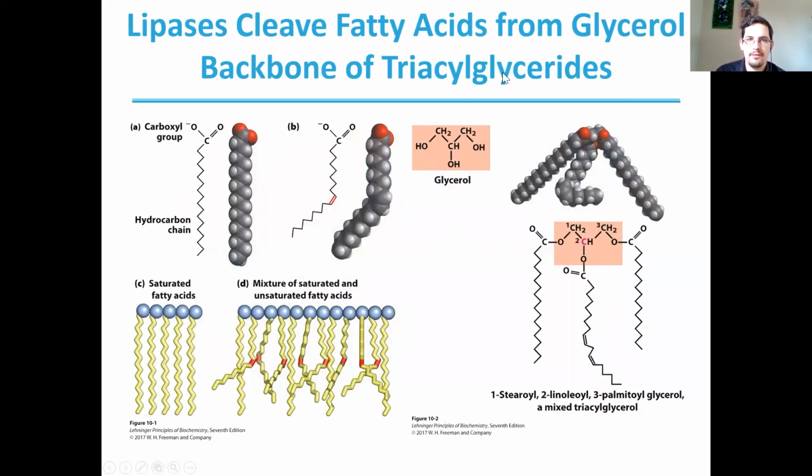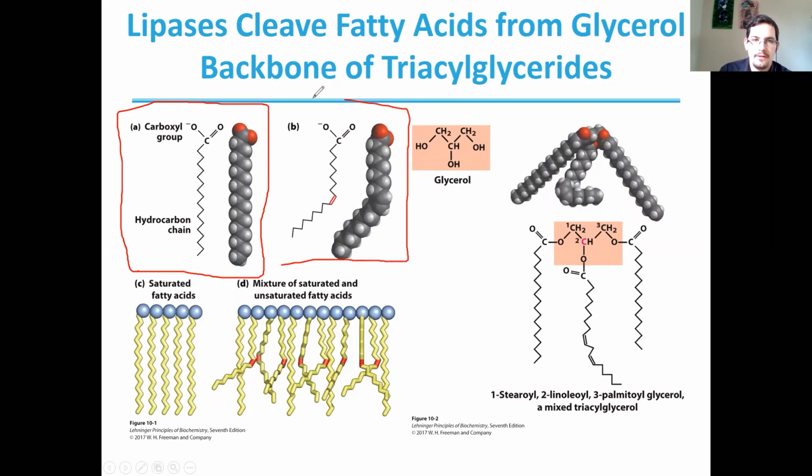Okay, so first off, let's review a little bit of what we learned last semester. When I'm talking about fats, of course, I'm primarily talking about our fatty acids. Those would be saturated fatty acids and unsaturated fatty acids.